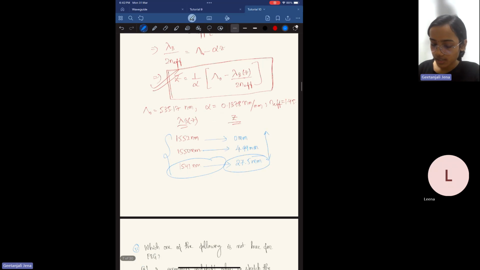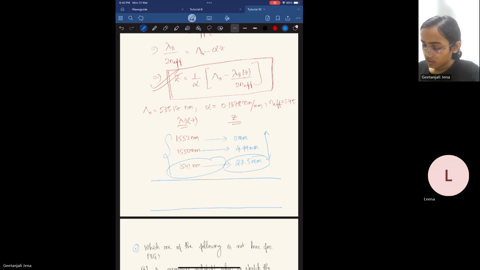So to see this schematically, what we have is a fiber Bragg grating where the period is decreasing along the fiber.